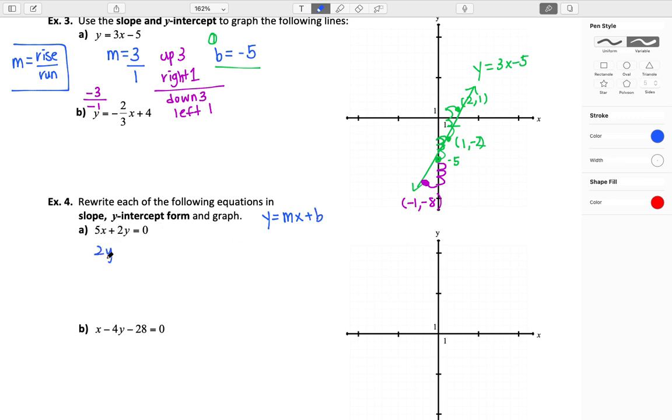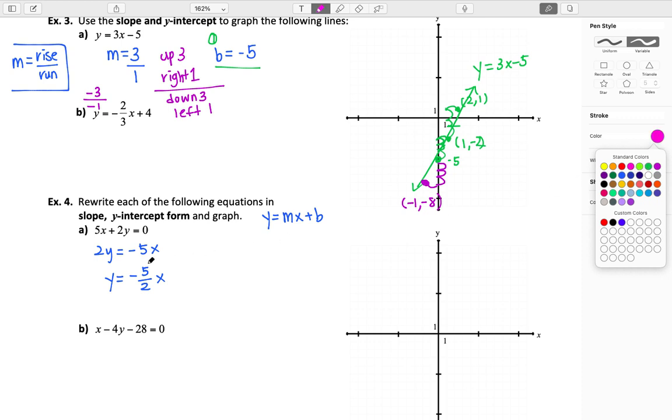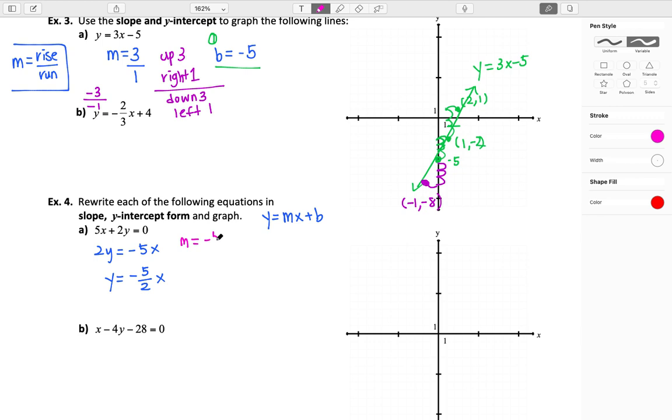So 2y equals negative 5x. And I'm going to divide both sides by 2, so it's negative 5 over 2x. So just by looking at this slope y-intercept form, it looks like my slope is negative 5 over 2, and my y-intercept is 0.